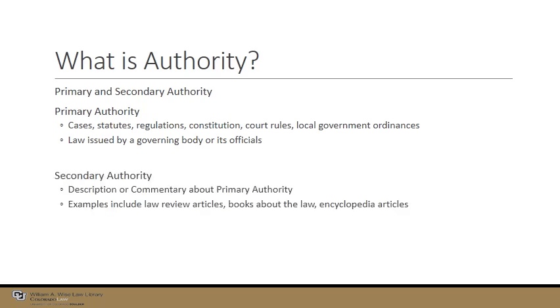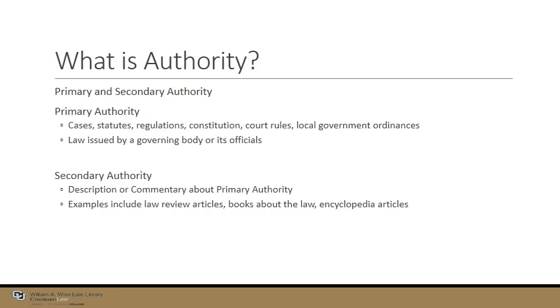The other kind of authority, though, is secondary authority. And secondary authority is descriptions of or commentary about the primary authority. So this might be a law review article discussing a statutory scheme governing corporate officers and whether or not that scheme is a good one and how it could be changed and what it actually is.